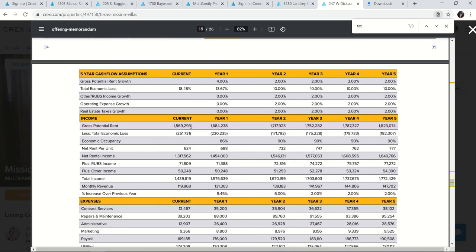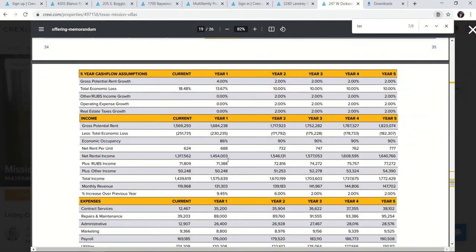They currently are in 1569. They're saying in year one, you can go ahead and raise it to 1684. It's making an assumption that this number is going to go down steadily, although historically the data is telling us that this eviction item may get pushed down the road again. So that's something that needs to be factored in at a high risk level.